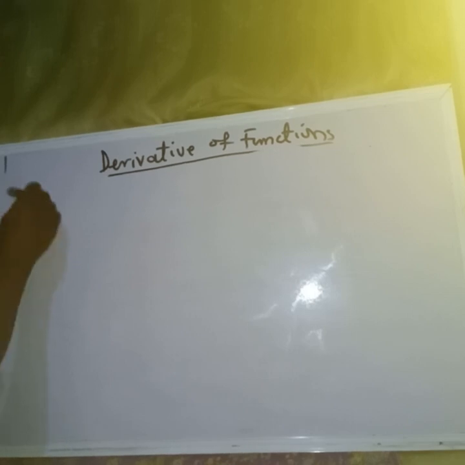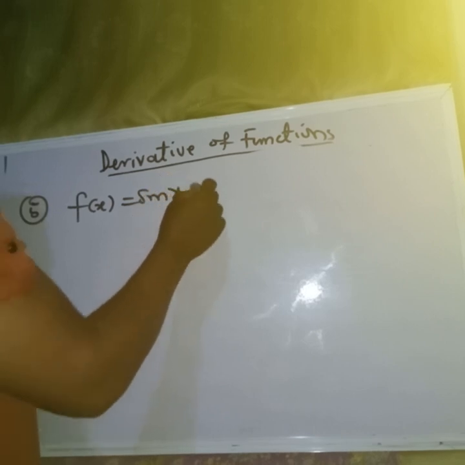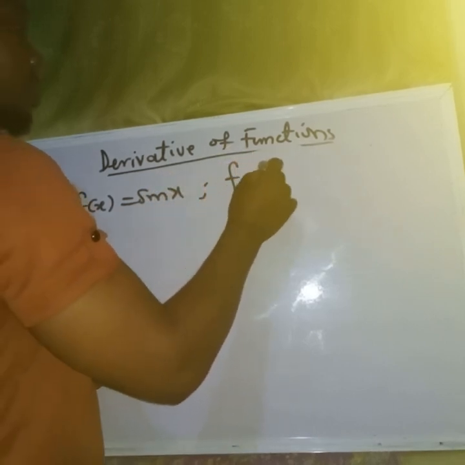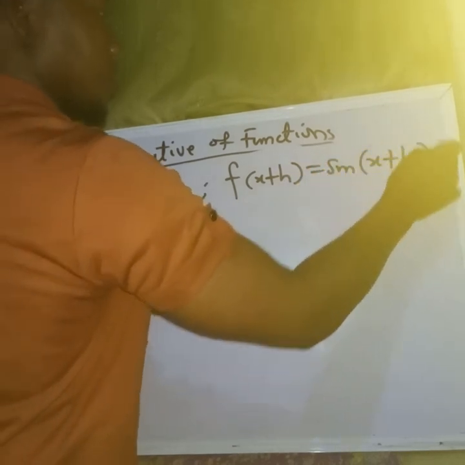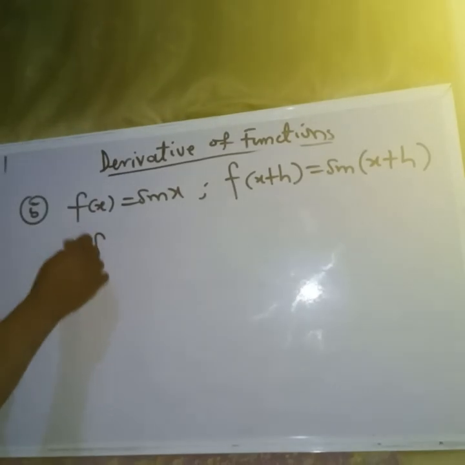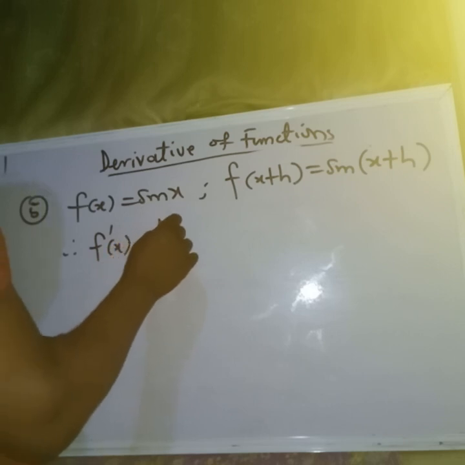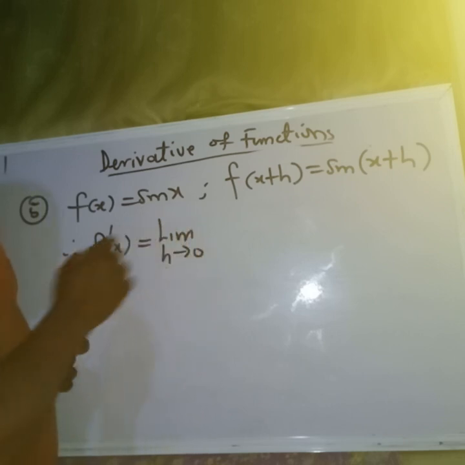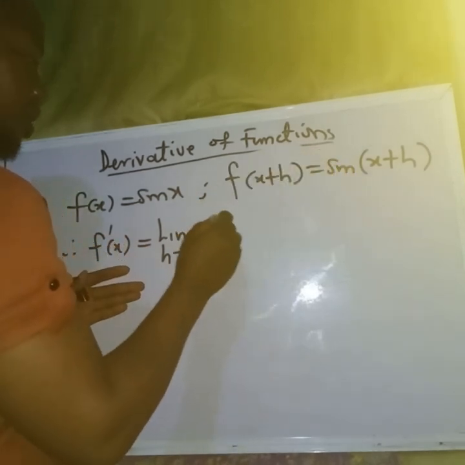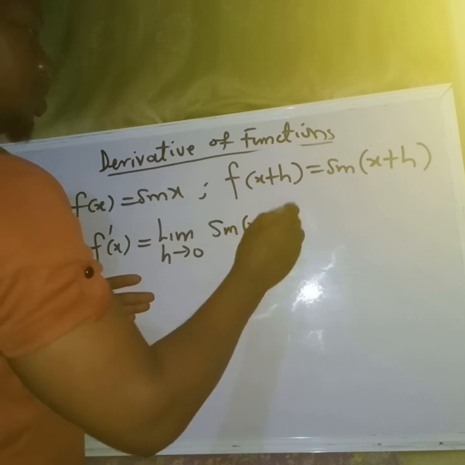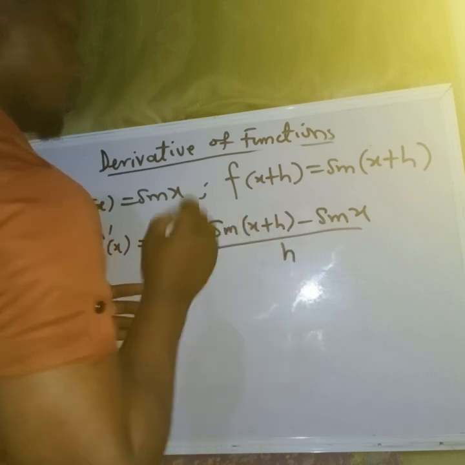So example 5. If you are given a function f of x equal to sine x, again, the corresponding f of x plus h is sine of x plus h. Accordingly, the slope f prime of x is given as: in the formula we have sine of x plus h minus sine x, divided by h.